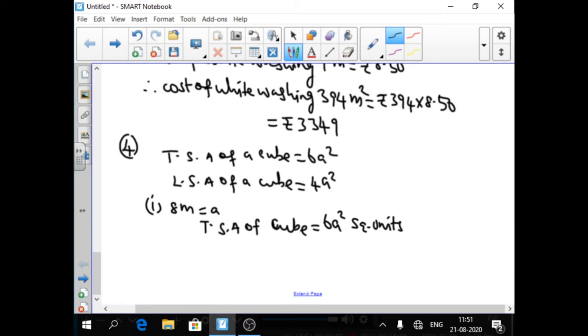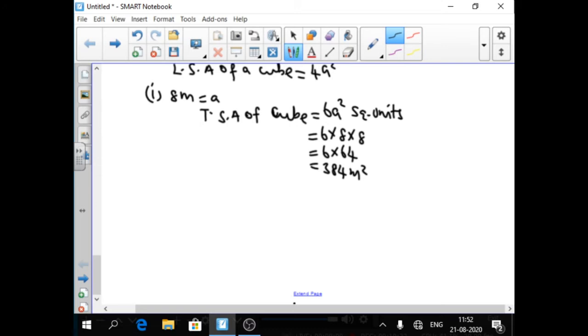So you know that a is equal to 8. Just substitute the values. So 6 into a, a is equal to 8, 8 into 8, 8 eights are 64. Just multiply the values. 64 into 6 equal to 384 meter squared.